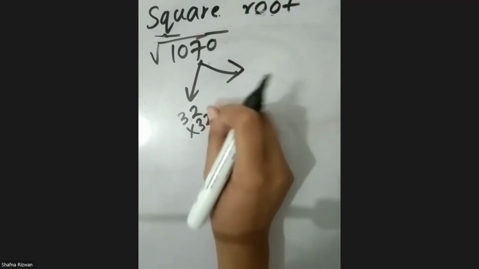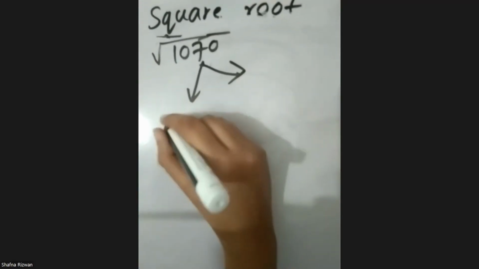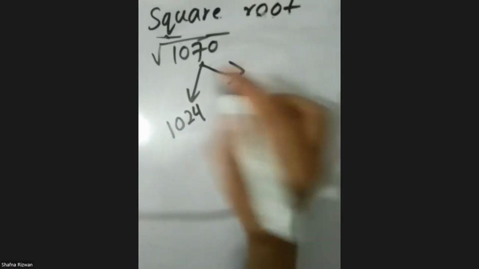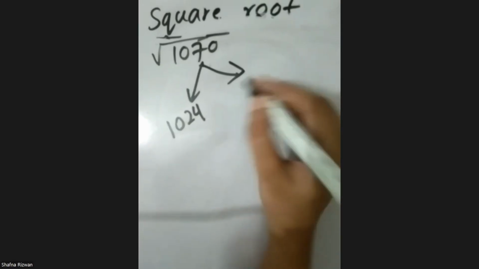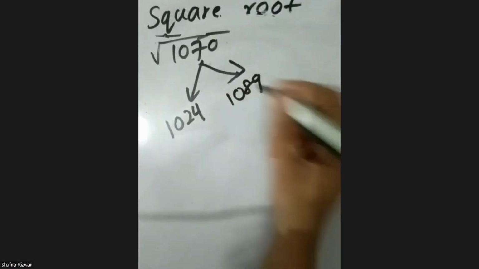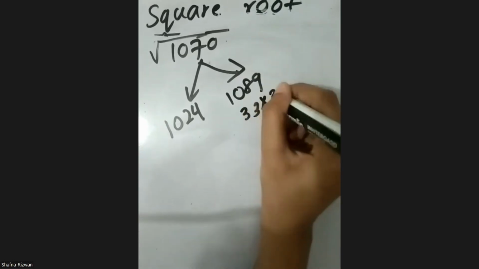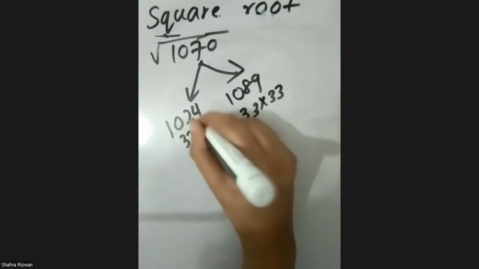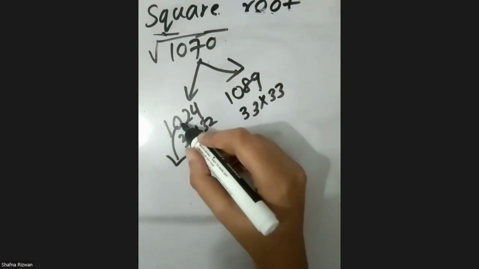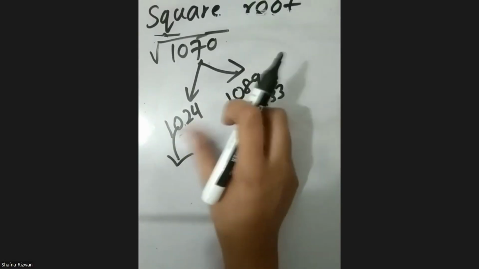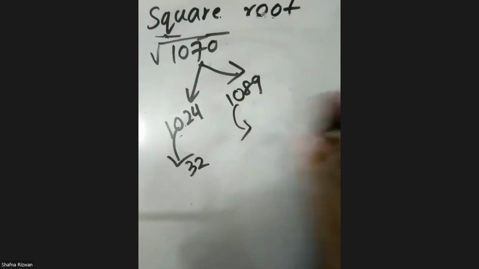You get around 1024. Yeah, multiply and see, you get 1024. And greater than that, you have 1089. 1089 you get when you multiply 33 by 33. Now tell me what's the square root of 1024? 32, and the square root of 1089 is 33.